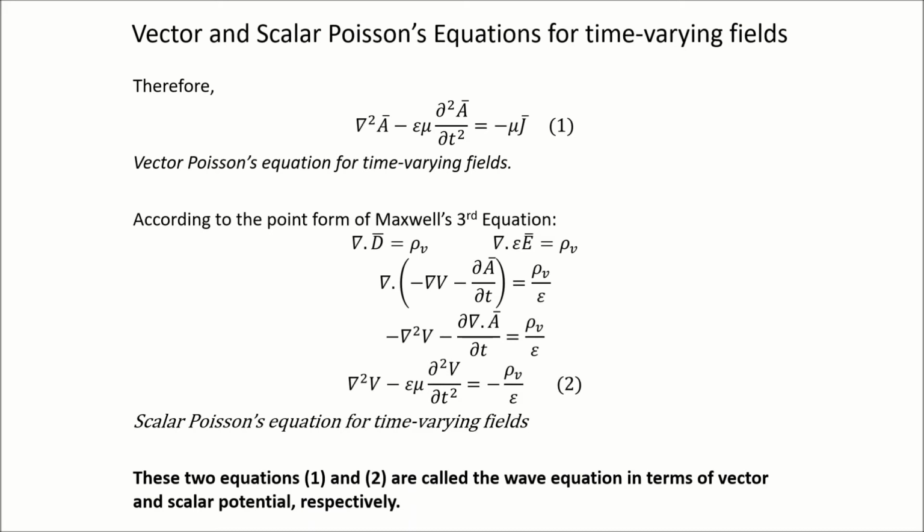We get del squared from the divergence of the gradient of V, and replace divergence of A with the Lorentz condition derived above. The mathematical work leads to the scalar Poisson's equation for time-varying fields.